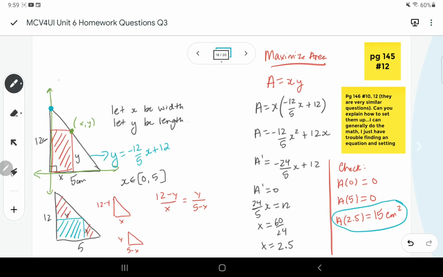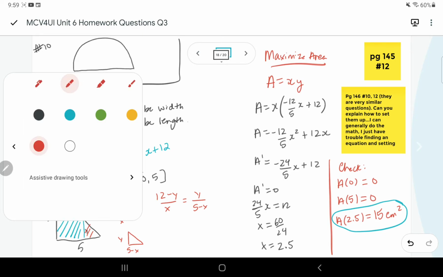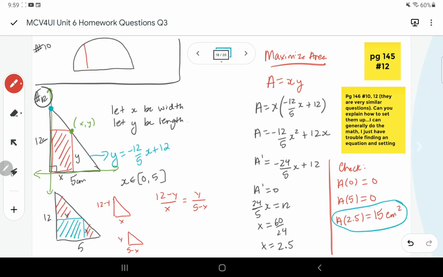If I do a little bit of the setup for number 10, this says the largest rectangle that can be inscribed inside of a semicircle of radius 10 units. So we have a semicircle like this, and we want to put the biggest rectangle possible inside of that semicircle.